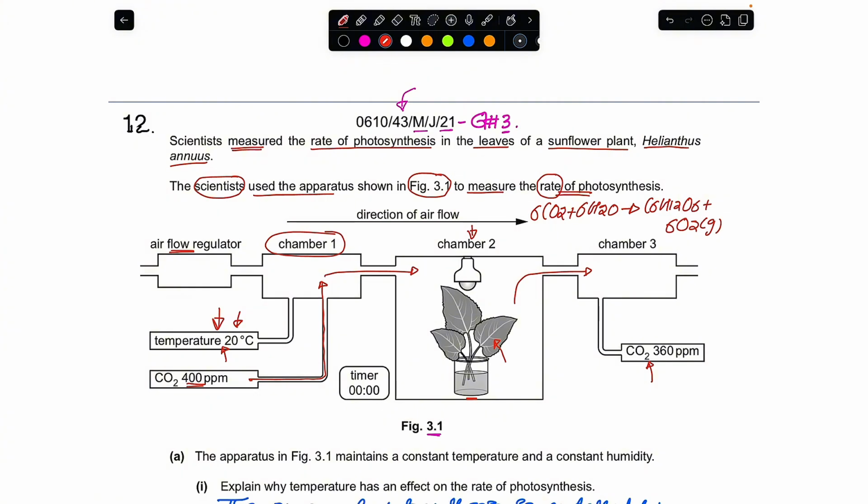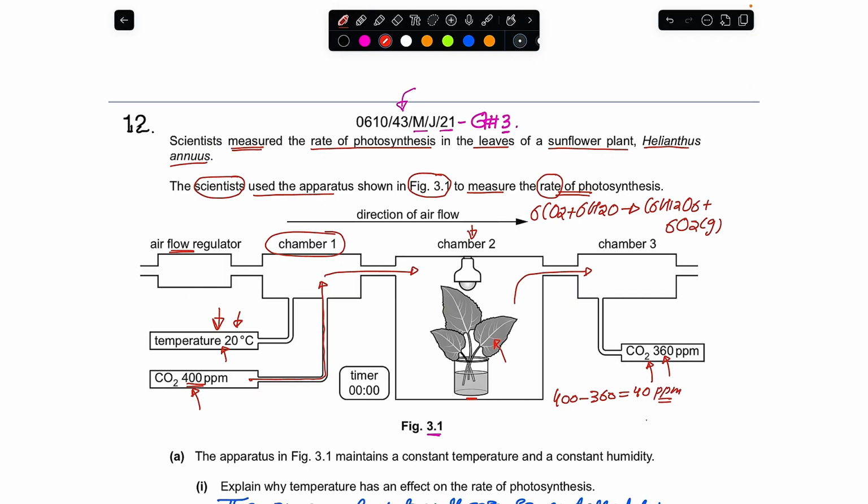We provided this plant with an initial concentration of carbon dioxide at 400 parts per million, and the CO2 getting out of chamber 3 has reduced to 360 parts per million. So the total amount of CO2 used up is 400 minus 360, meaning the plant has used a total of 40 parts per million carbon dioxide concentration.